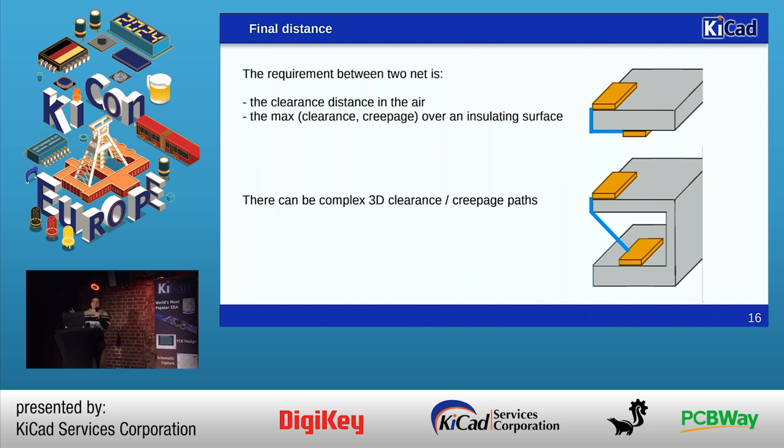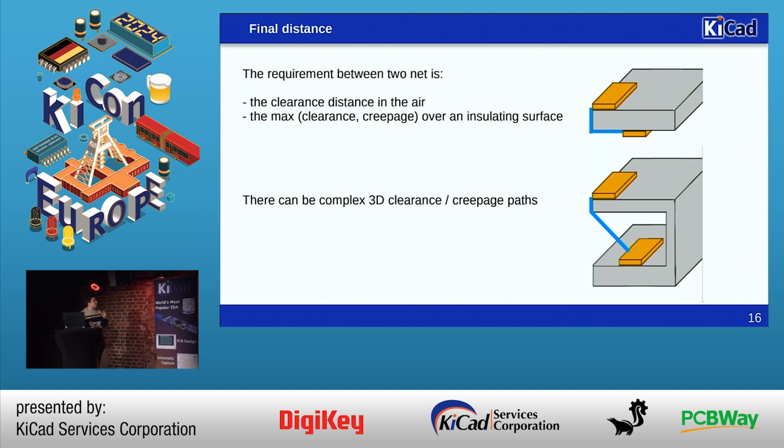Okay, so we have two distances, clearance and creepage. What is the final distance I should have between my nets? The clearance is in the air. So this is what you need in the air. And on an insulating surface, you need the maximum between your creepage and your clearance. Because for instance, if you have to withstand 4 kilovolt, but you only have a 3 volt system, your creepage is going to be low, but your clearance is going to be high.